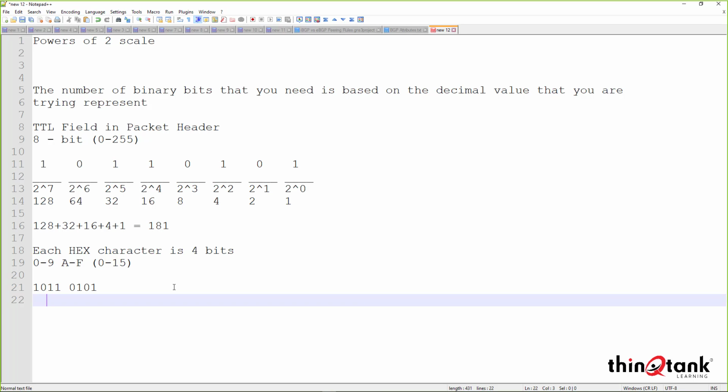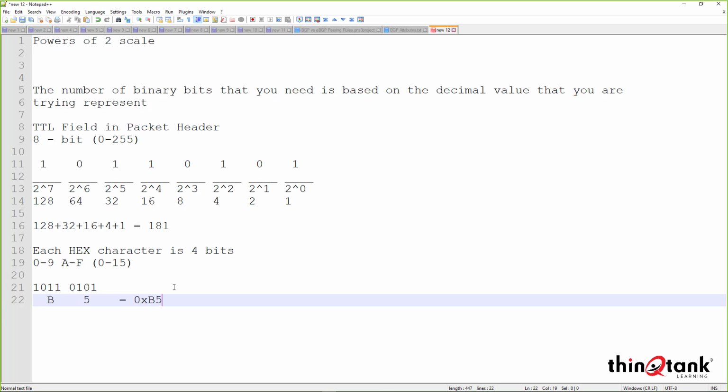So 1011 is 11, which is B, right? In the decimal to hex conversion scale, A is 10, B is 11. And then the next number here is 5, which is 5 in decimal and 5 in hex. So 181 is equal to 0xB5.